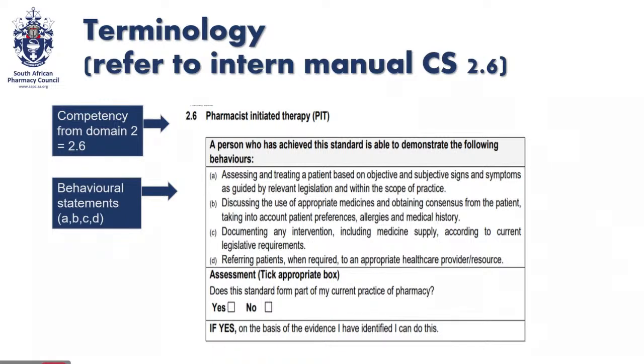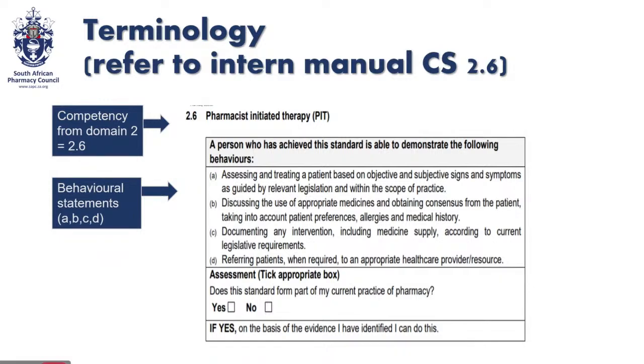That's just one of them, and you have to achieve at least 75% of the behavioral statements in this case. You can see how important it is to analyze the behavioral statements before you start your CPD.